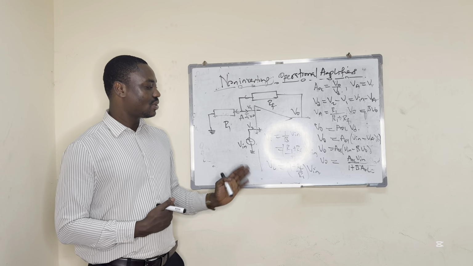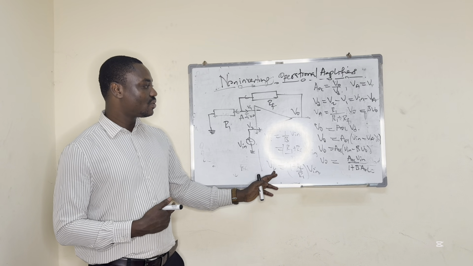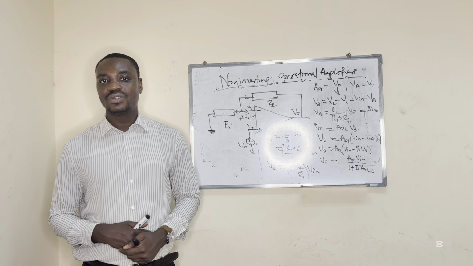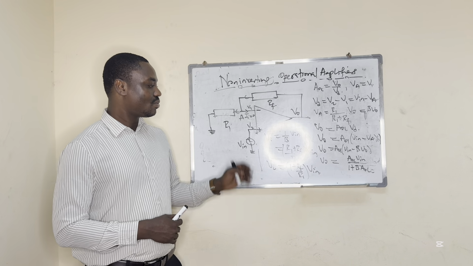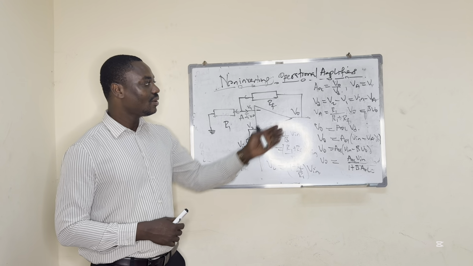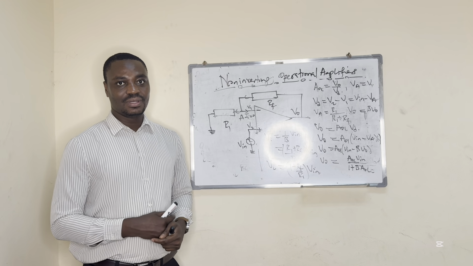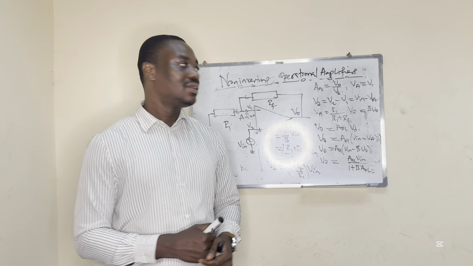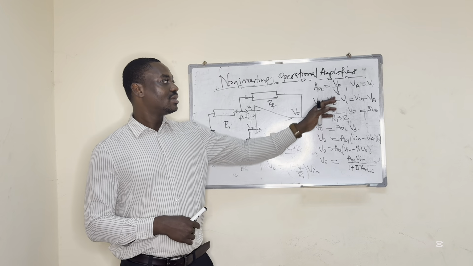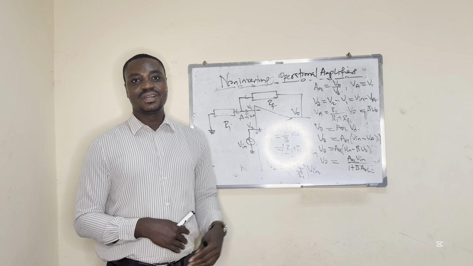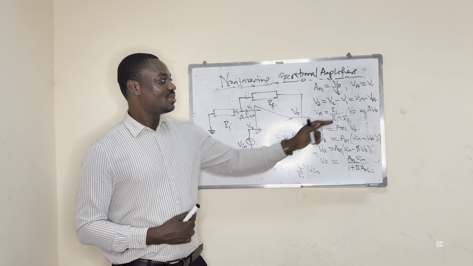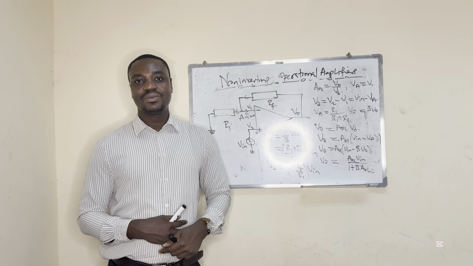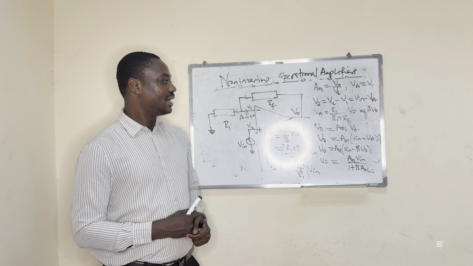In order for us to get a relationship between the output voltage and the input voltage here, we go back to the very definition of open loop voltage gain, which is equal to the output voltage over the differential voltage. So we have VA equal to what? V1.